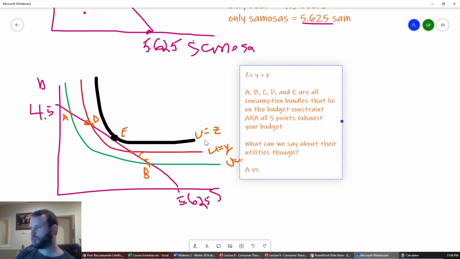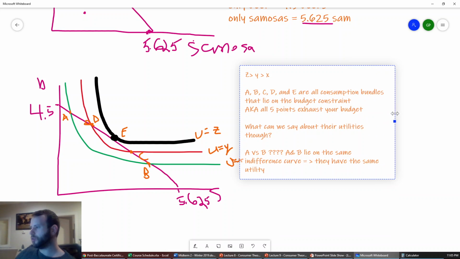What about A versus B? Well, A and B both lie on the same indifference curve. All right, and what does that mean? What does it mean to lie on the same indifference curve? Think about it. They have the same utility.